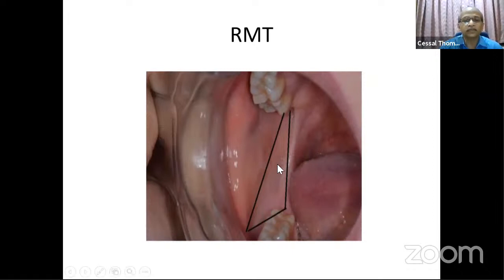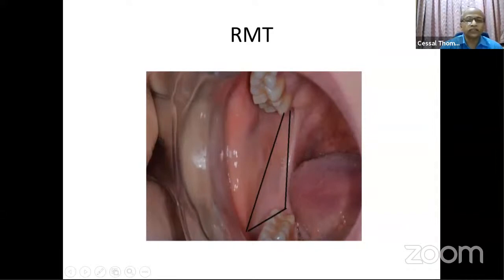Suppose the lesion is here, or posterior to the upper third molar tooth, is it a retromolar trigone lesion? What is your answer? A lesion occurring anywhere between the upper third and the lower third is retromolar trigone.